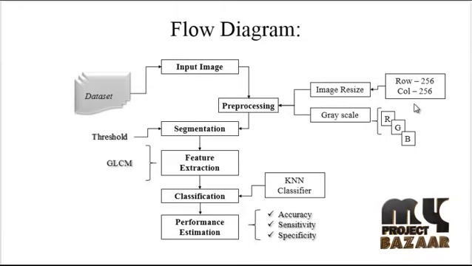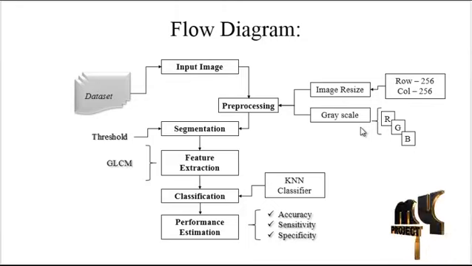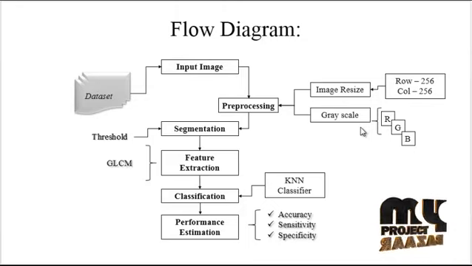After resizing, we convert the image into grayscale format, or separate the RGB channels. So if the input is a color image, we have to separate the channels into RGB.